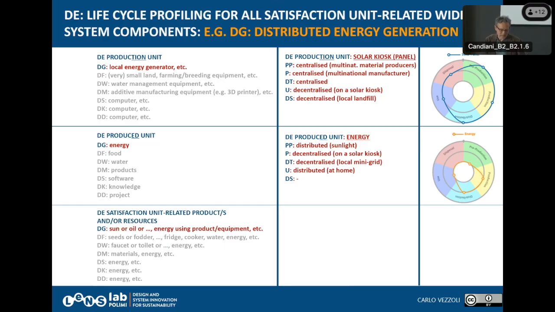The distribution is decentralized because we have, in this case, a mini grid. The solar kiosk has a mini grid, and the use is distributed because indeed we are using the energy by us. In terms of disposal, there is nothing, because when the energy is used, it's used.